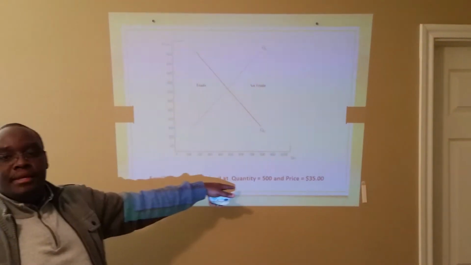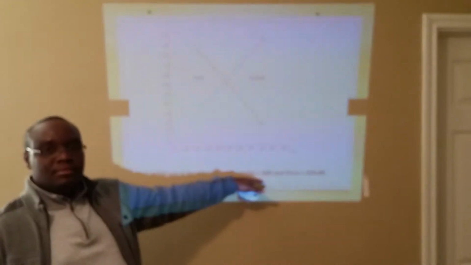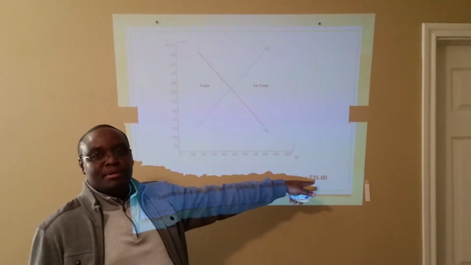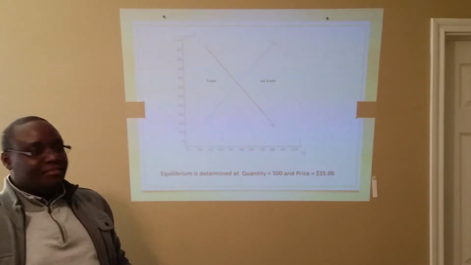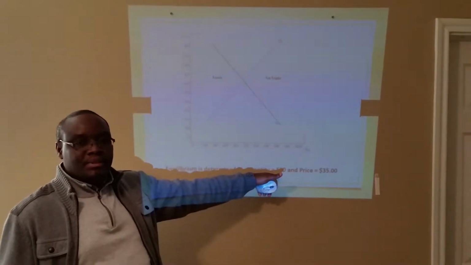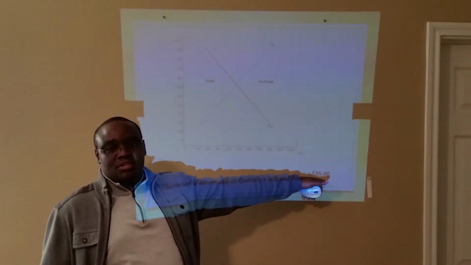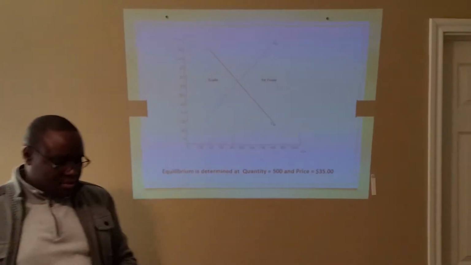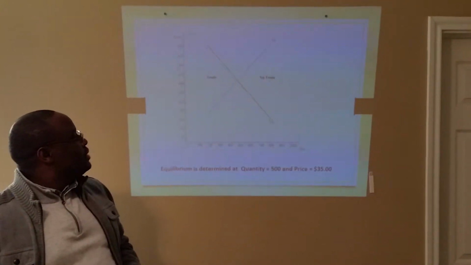And where these two are meeting, we find that we have the equilibrium quantity at 500 and the equilibrium price at 35. So that becomes the quantity that the sellers are willing to sell and the buyers are actually willing to pay that 35, because that's what the sellers of the product are willing to supply the product for.